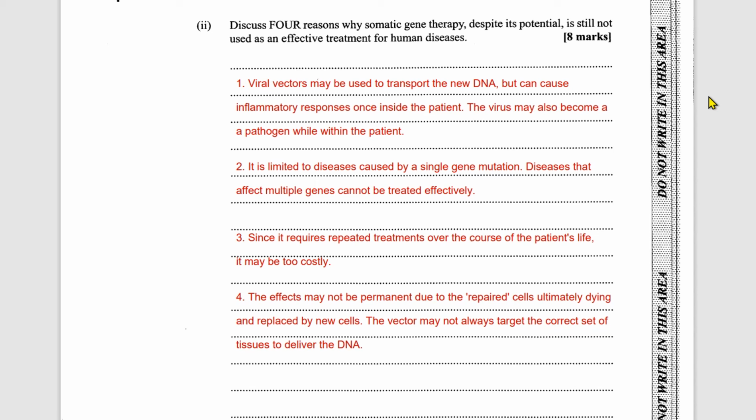Now, of course, we have a problem, because if we're using viruses, well, we know viruses, it can't be good. We have a lot of risk associated with it. So viral vectors may be used to transport the new DNA, but it could cause inflammatory responses or severe immune responses, which would cause a lot of discomfort or even debilitation of the patient, especially if they're immunocompromised or they're old.